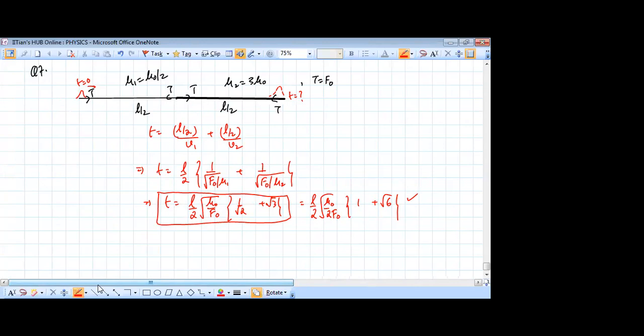Now let's come to question 2 and question 3 of the next sheet. Next, let's come to sheet number 2. Let's start with question 2. We will also discuss question 3.